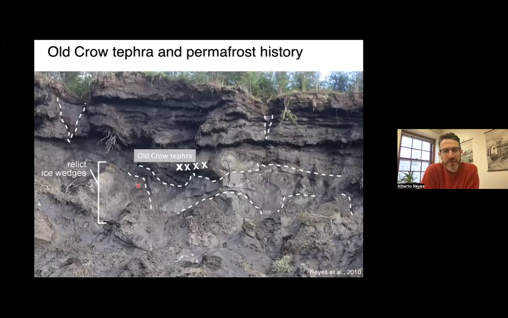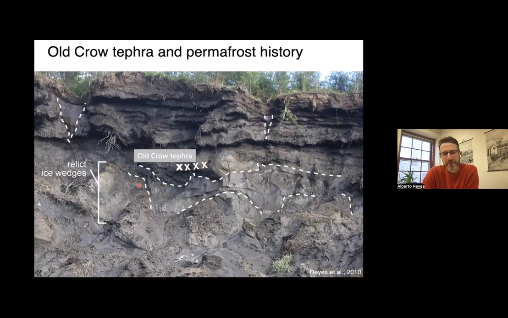In terms of permafrost history, I don't know if there are any permafrost fans here. This is an image from a gold mine in the Yukon territory where we have Old Crow tephra. You can't see it in this photo. It's thin and reworked, but you have to trust me that it's present right at this stratigraphic level. And this is neat. It overlies these relict ice wedges, ice wedges that still maintain their original morphology.